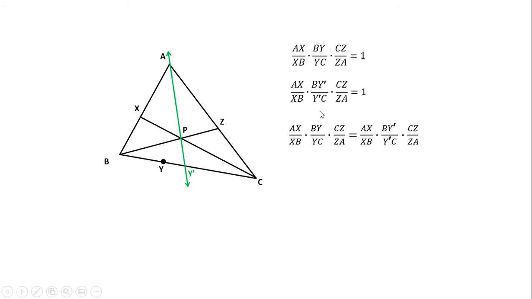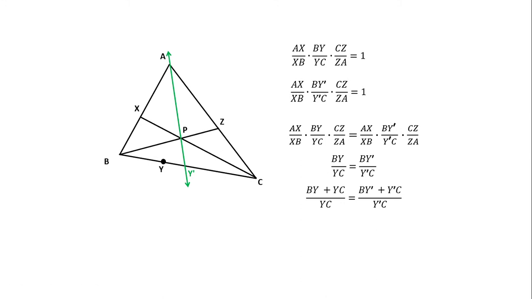And since we have 2 of these ratios appearing on both the left and the right side, they will drop out and we'll be left only with BY over YC is equal to BY prime over Y prime C. Now, if we multiply the means times the extremes, we're not ready for that yet.